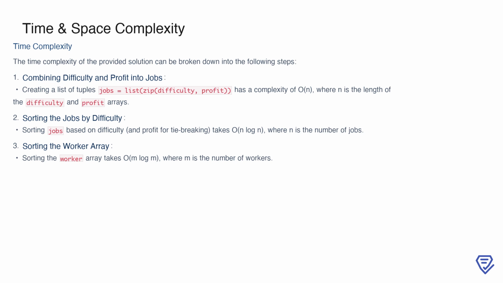Next, we sort the jobs list based on difficulty, and in the case of ties, by profit. Sorting a list of size n takes O(n log n) time. Similarly, we sort the worker array, which contains m elements, and sorting this array takes O(m log m). These are the preparatory steps before we begin assigning jobs to workers.